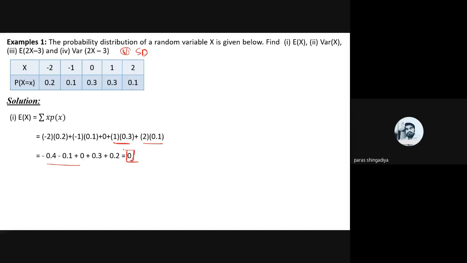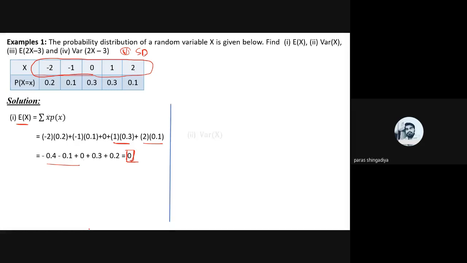That is the mean of the given data, the average of this random variable, with its probability also considered. So E of x is equal to 0.